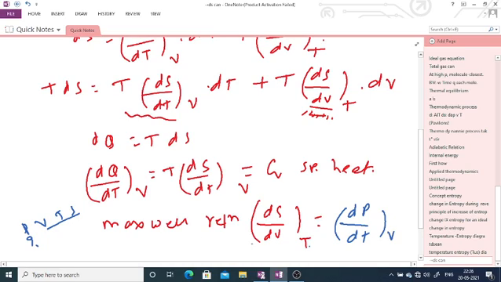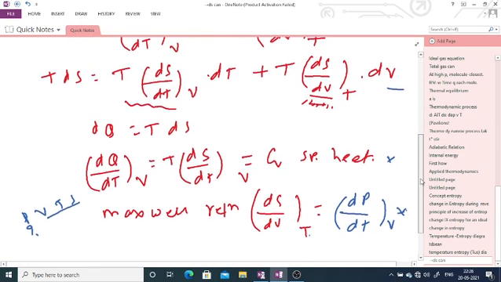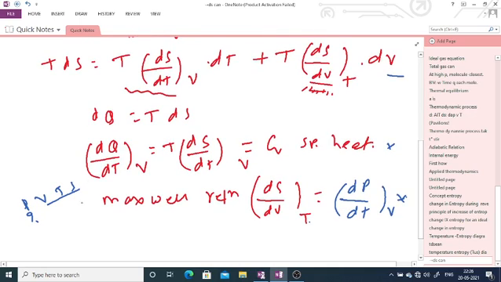So this is the Maxwell second relation. If you use these two equations in this equation, we get the last equation for TdS.